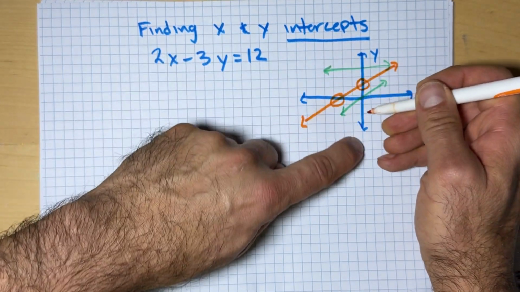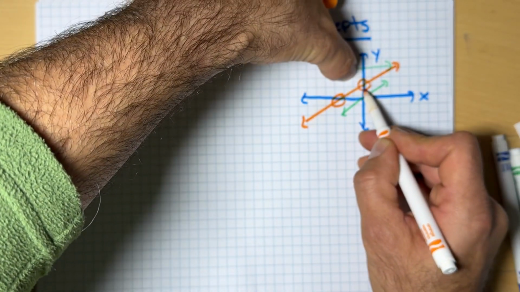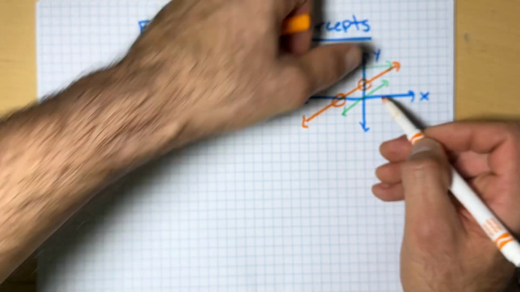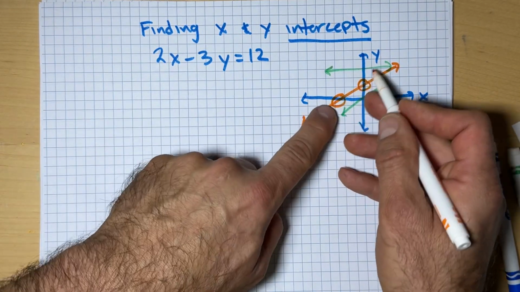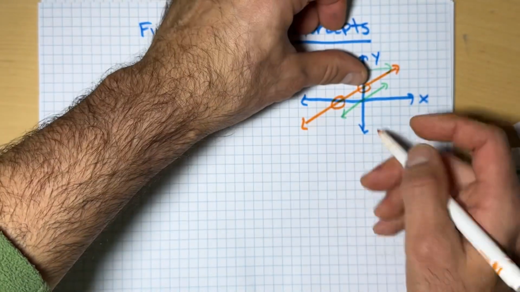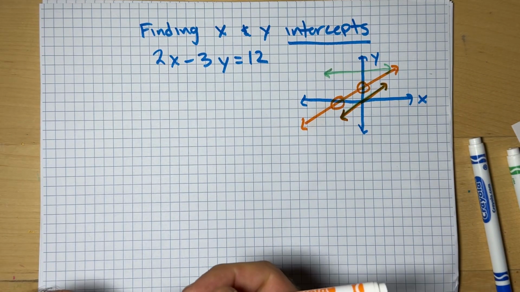Whenever I'm crossing y street, x is 0. So at this point, x is 0. Y is about 1.5, but x is 0. So when you're on x street, y is 0. When you're on y street, x is 0. If you're going through the origin, both are 0.